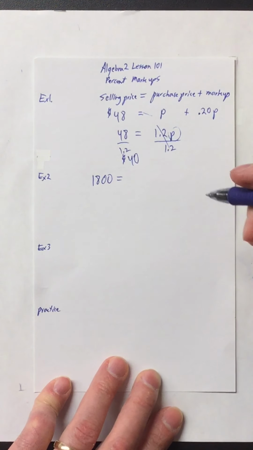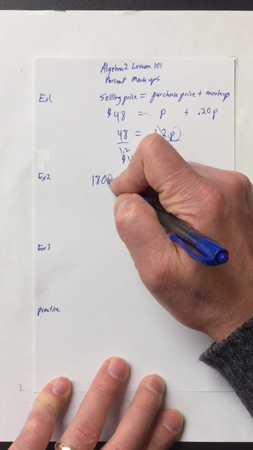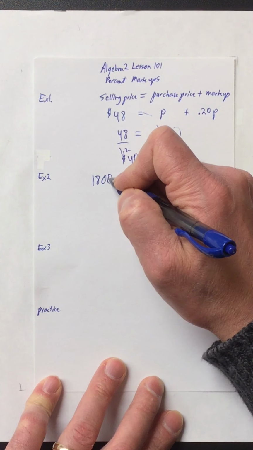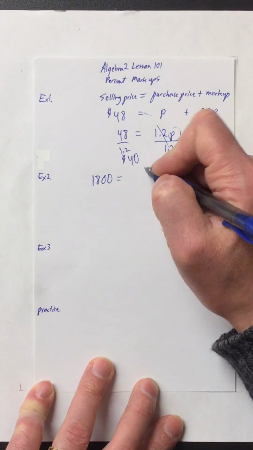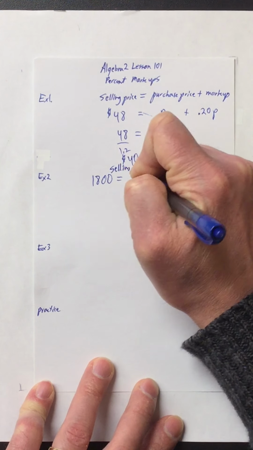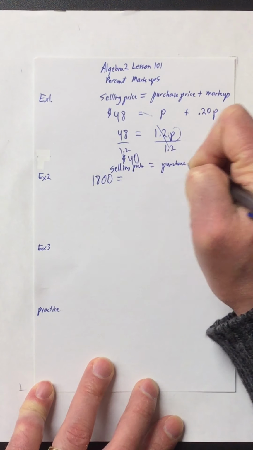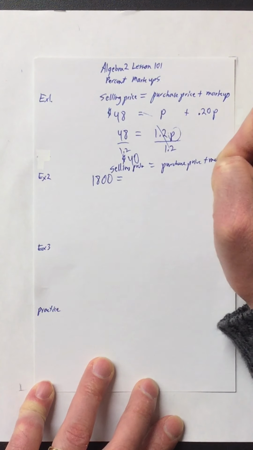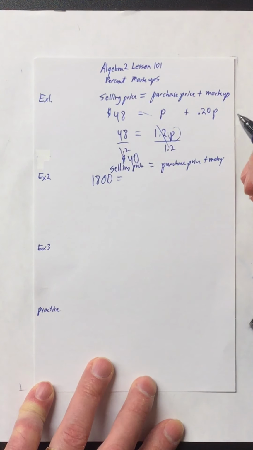Okay, so this one's a little different because instead of making the markup on what they bought it for, it's 40% of the... So once again, we have the selling price is equal to the purchase price plus the markup.